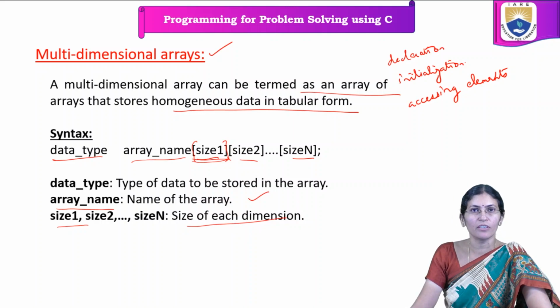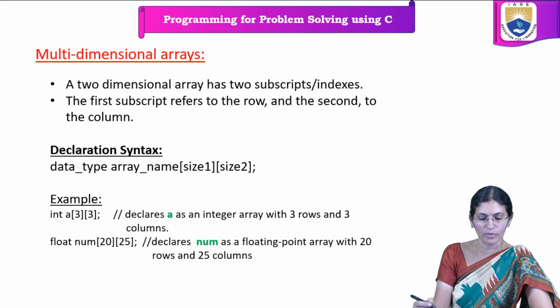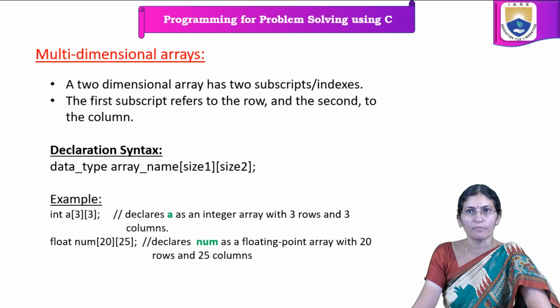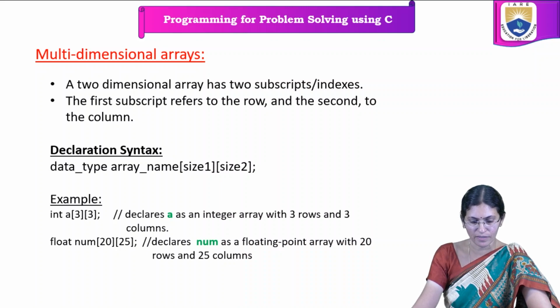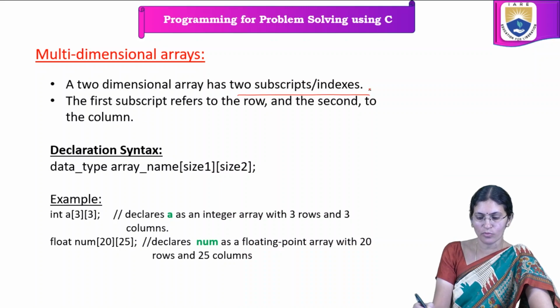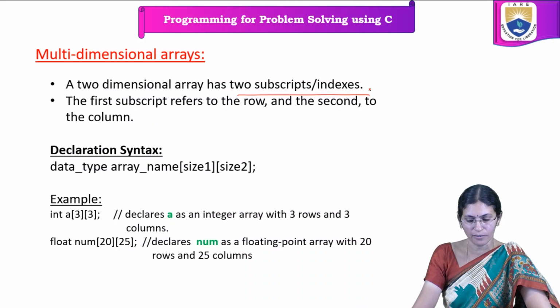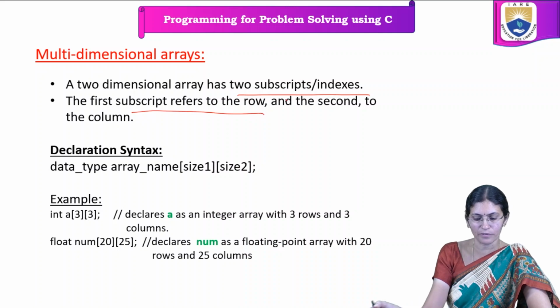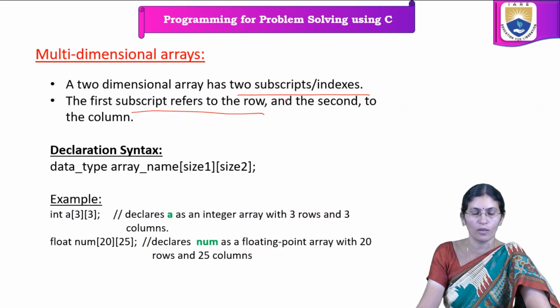Now in this video lecture we will discuss in detail two-dimensional arrays. What is a two-dimensional array? How to declare a two-dimensional array, and how to access two-dimensional array elements. A two-dimensional array has two subscripts or indexes. The first subscript refers to the row and the second refers to the column.